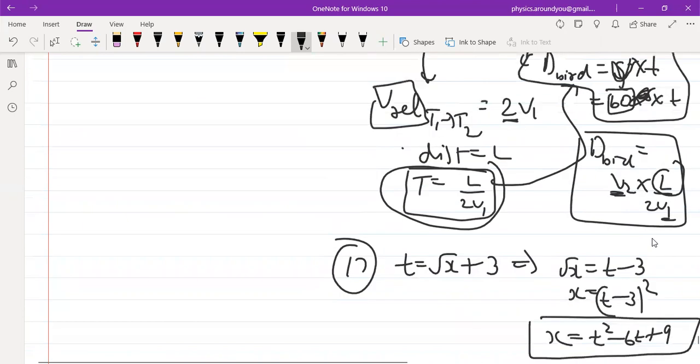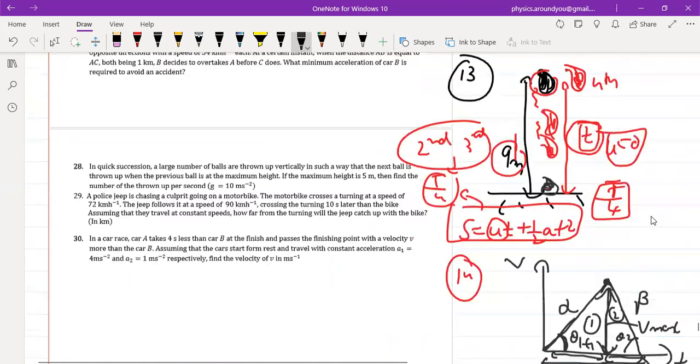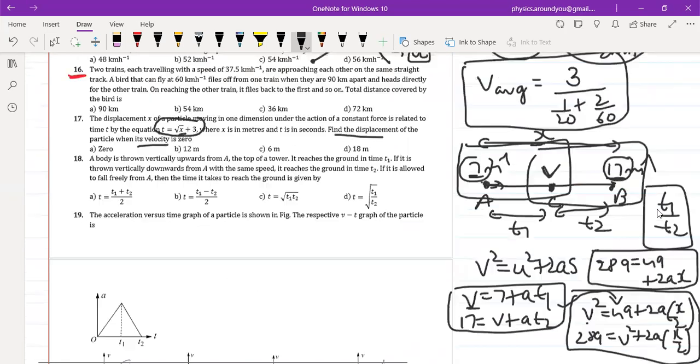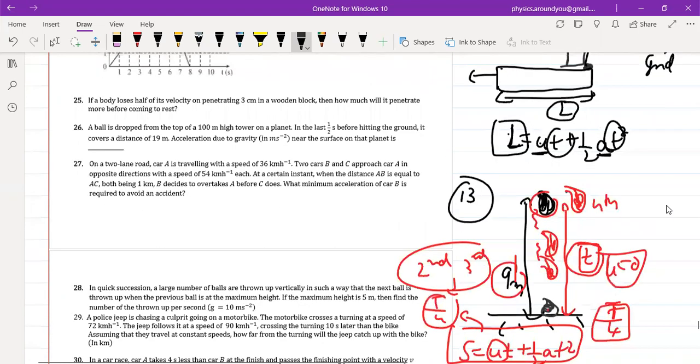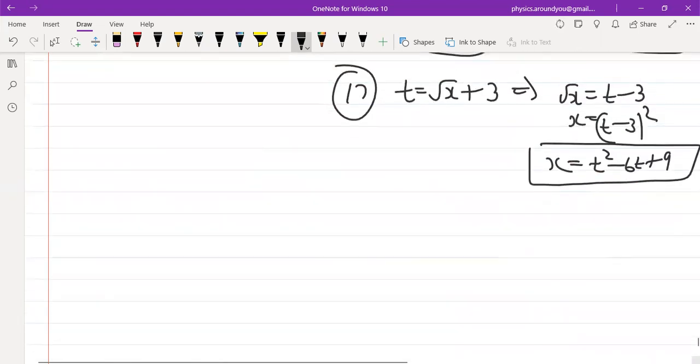Now they're asking what is the displacement of the particle when its velocity is zero. Okay.